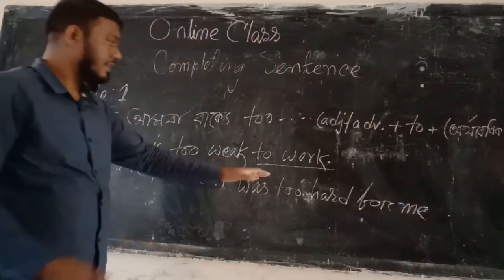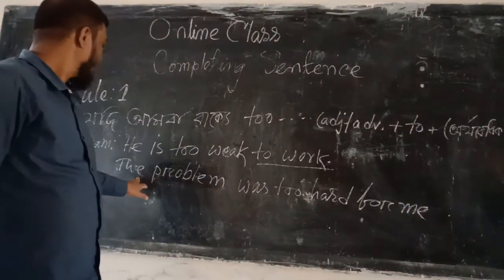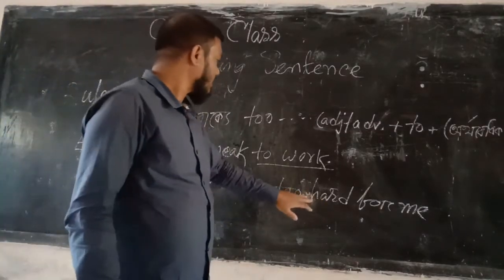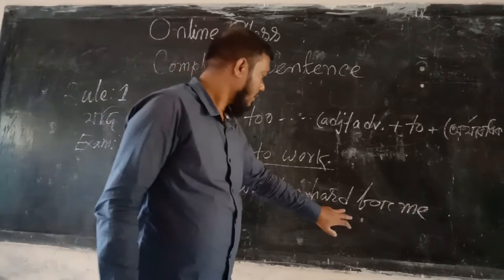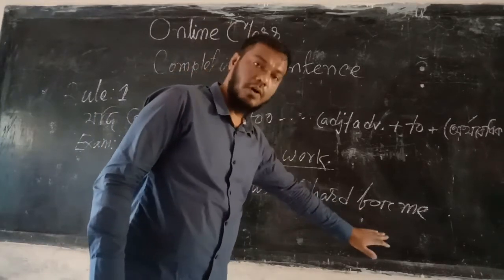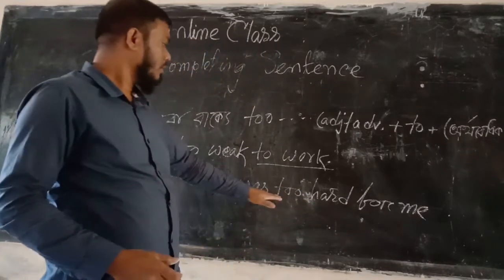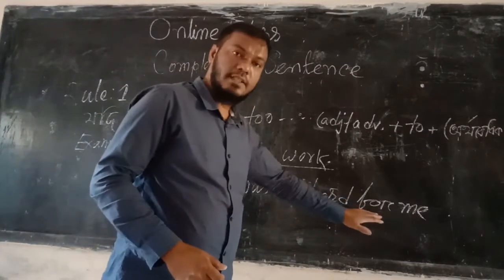If we find in the sentences like this, subject plus verb plus too plus adjective, then "for", you have to complete the sentences this way.